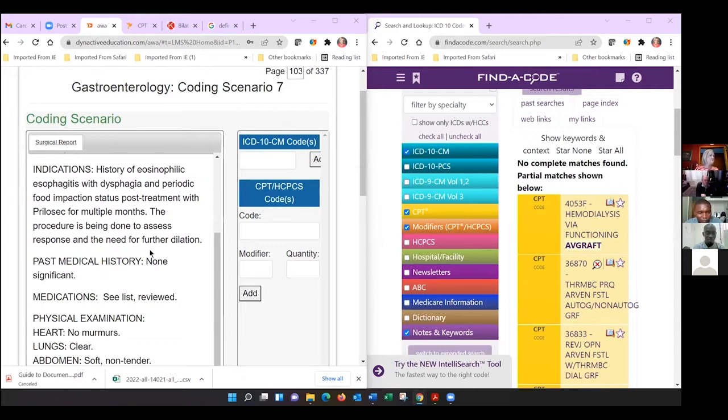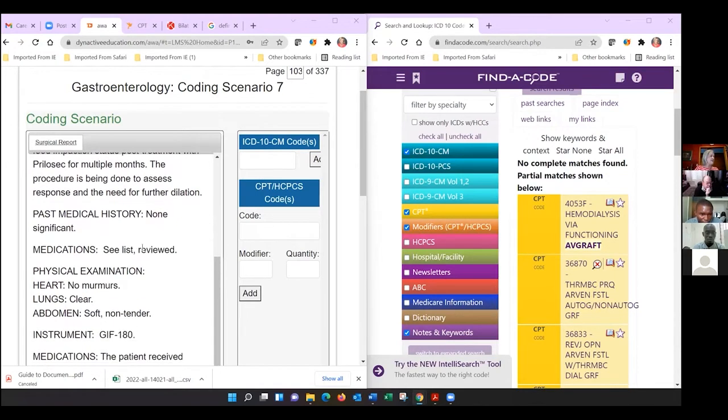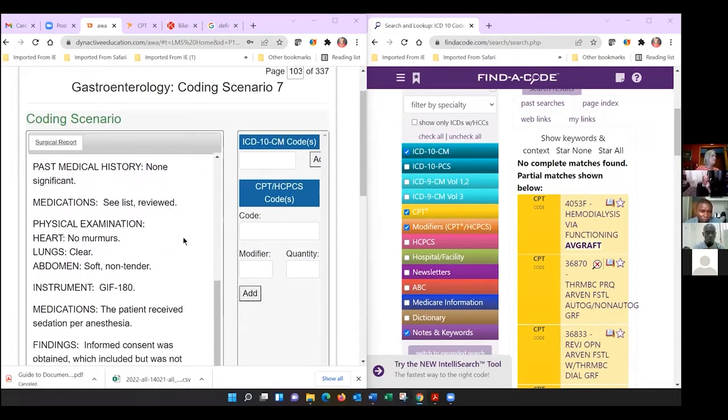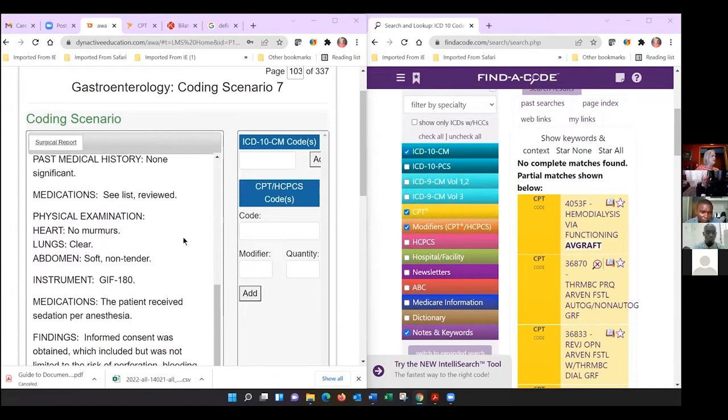Okay, the procedure's being done to assess the response and the need for further dilation. All right, I've got that. I've got no significant history. There's no diagnoses in here that would contribute to any type of complication while the patient is under any type of anesthesia.